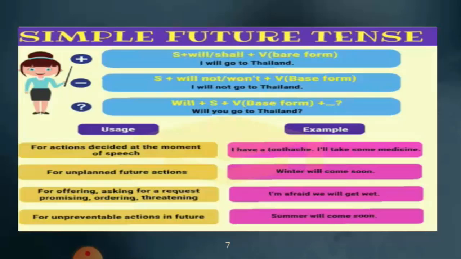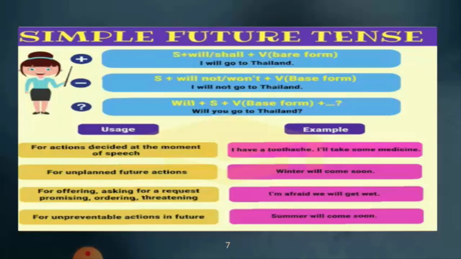The negative form is subject plus will not, or I can say won't, plus the infinitive. For example, I will not go to Thailand. What about yes or no questions? It's very easy. You should write will plus the subject plus the infinitive. For example, will you go to Thailand?